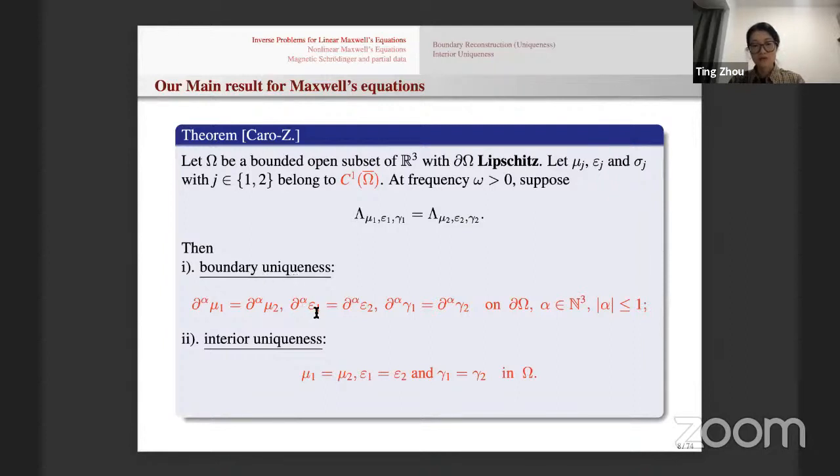That means we can recover the parameters and their first derivatives, since we assume them to be C1 on the closure of the domain, to be identical on the boundary. This is known as boundary uniqueness or boundary determination of the parameters. This is actually a required pre-step to show the second part, interior uniqueness of the parameters.